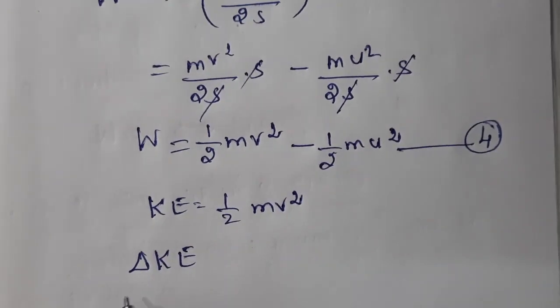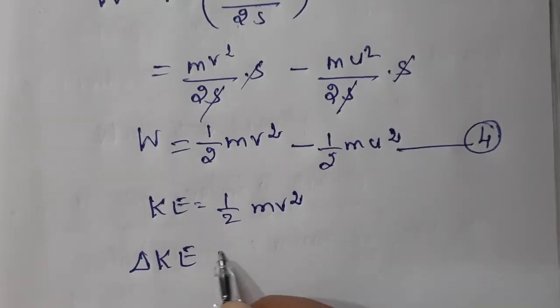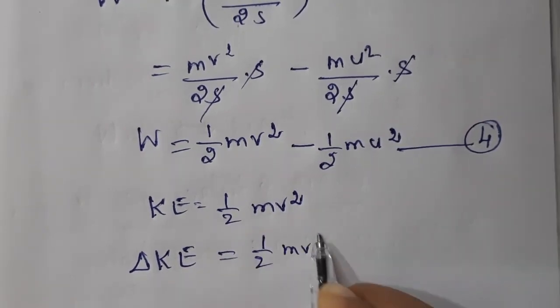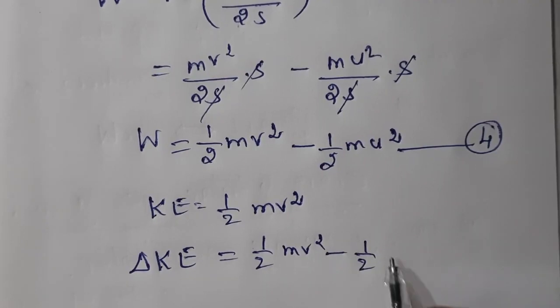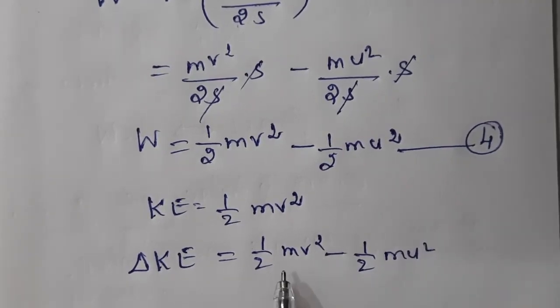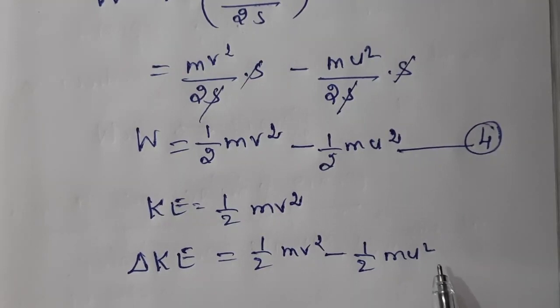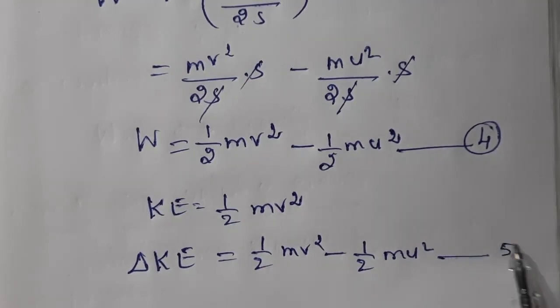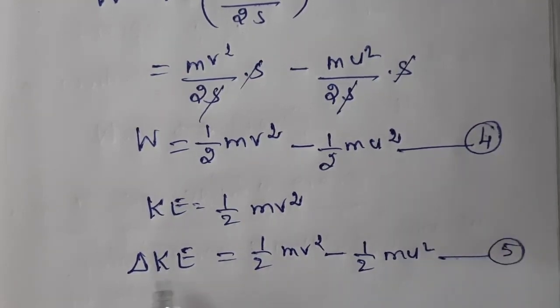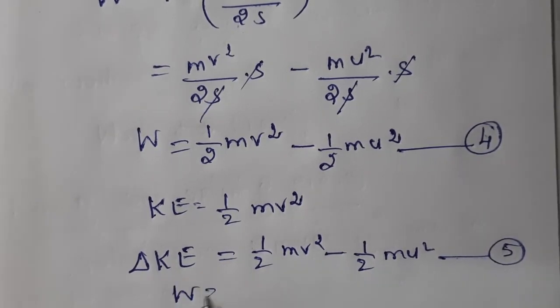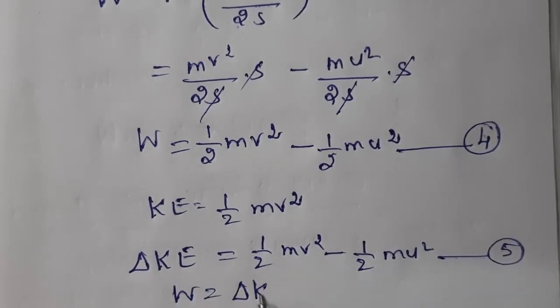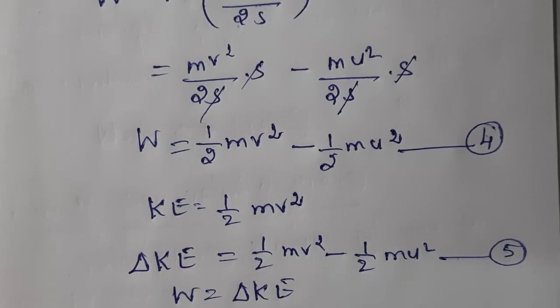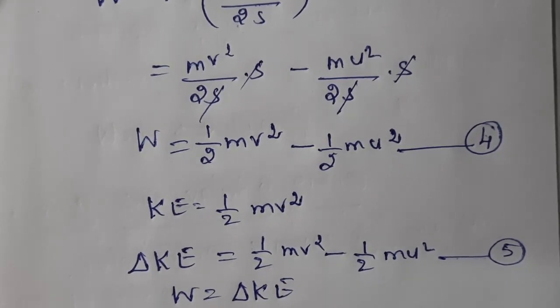This delta represents the change. Change in kinetic energy is equal to half m v square minus half m u square, that is, final kinetic energy minus initial kinetic energy. So comparing these two equations, I can write W is equal to delta KE.